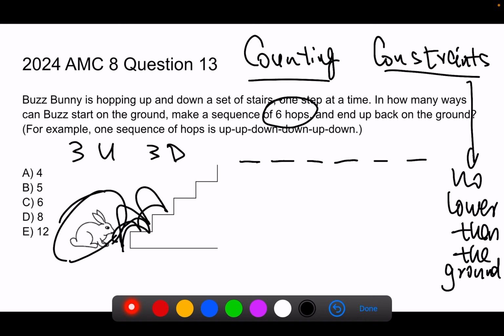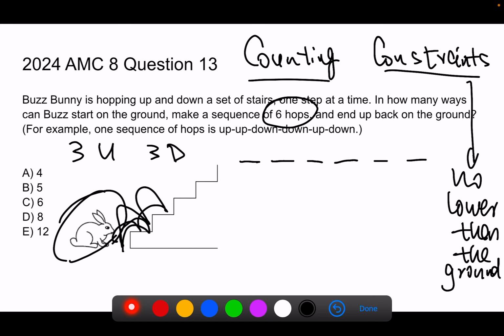Counting question, especially when it appears in a math contest, I would say firstly you need to know the math, which I'll go through in more detail, but also pay very special attention to the constraints. Because they don't need to specifically say, hey, look, by the way, this bunny can only stay above the ground, because it's obvious. You start on the ground, you move up the stairs, move down, you can't move lower when you're on the ground.